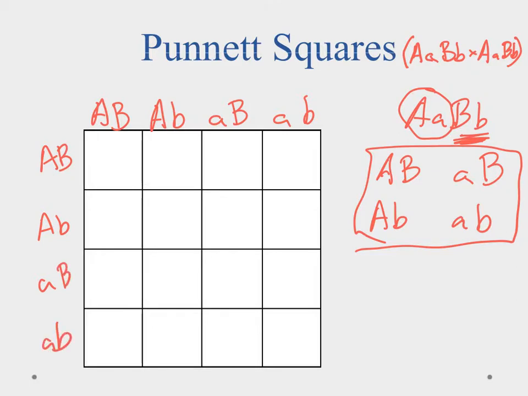Then remember what we said. The first thing we're going to do is fill our capital letters going down. We're going to do the A's first, then we'll do the B's. I have capital A's here, so I have a capital A, a capital A, a capital A, and you can see how we're just filling in the Punnett square as such.